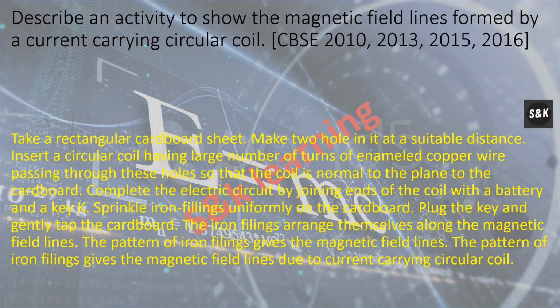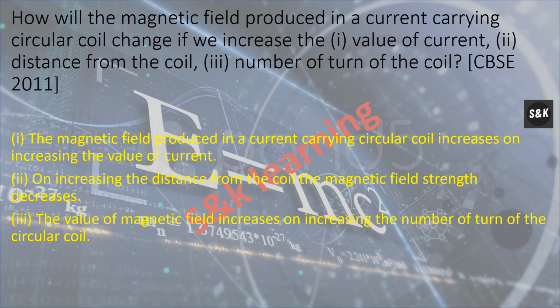Complete the electric circuit by joining the ends of the coil with a battery and a key. Sprinkle iron filings uniformly on the cardboard. Plug the key and gently tap the cardboard. The iron filings arrange themselves along the magnetic field lines. The pattern of iron filings gives the magnetic field lines due to a current carrying circular coil.